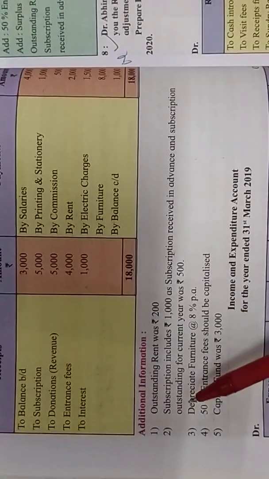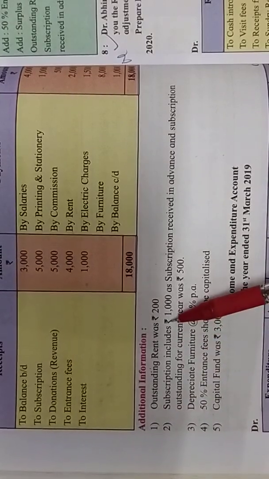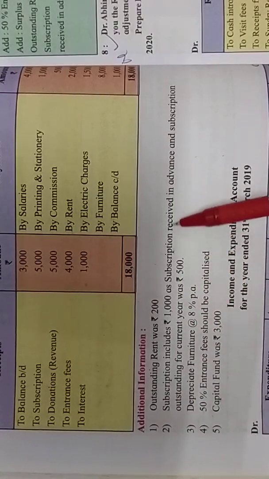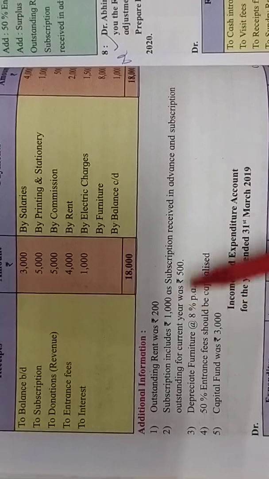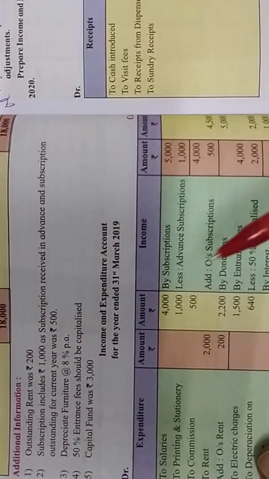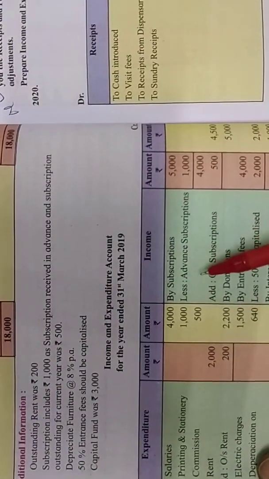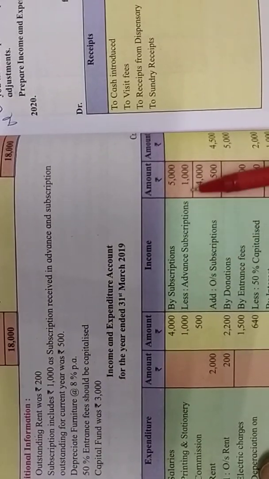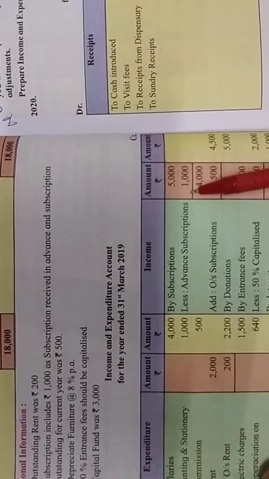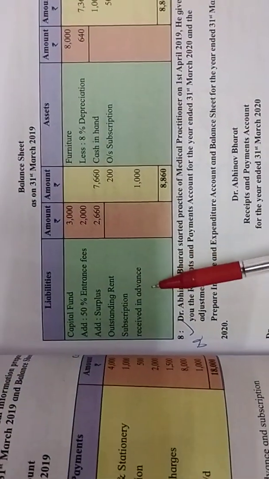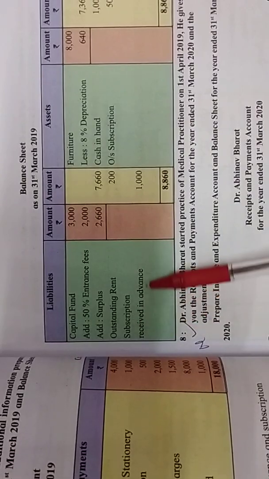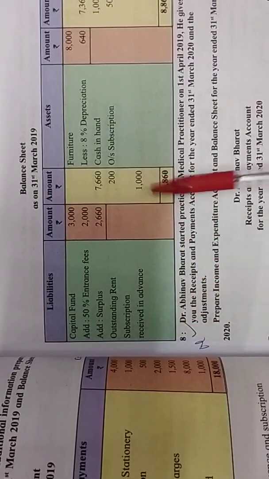Adjustment number 2: subscription includes rupees 1,000 as subscription received in advance. Advance subscription we have to deduct from the income side: less advance subscription 1,000. Second effect, balance sheet liability side: subscription received in advance 1,000.